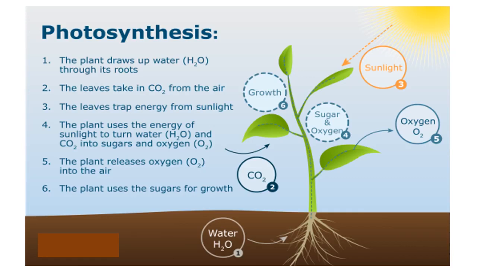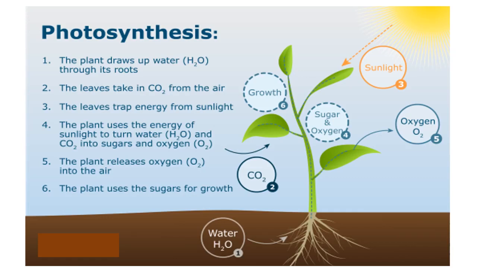Secondly, the leaves take in carbon dioxide from air. You can spot it, CO2, in the diagram labeled as point number 2. Third, the leaves trap energy from sunlight. It is represented by the orange circle, point number 3.